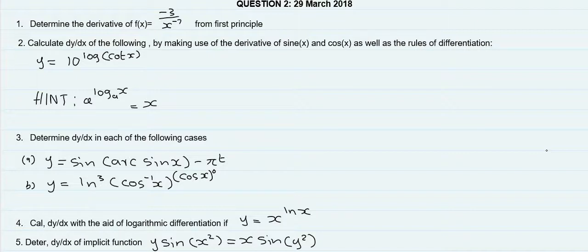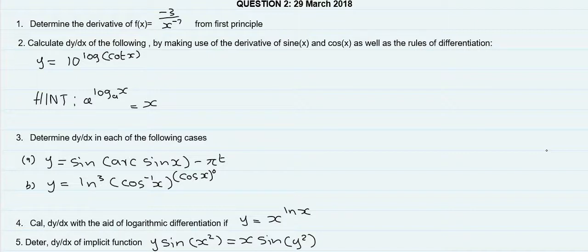Number 3, determine dy over dx in each of the following cases. Case number 1, y equals sine of arc sin x minus pi to exponent t.